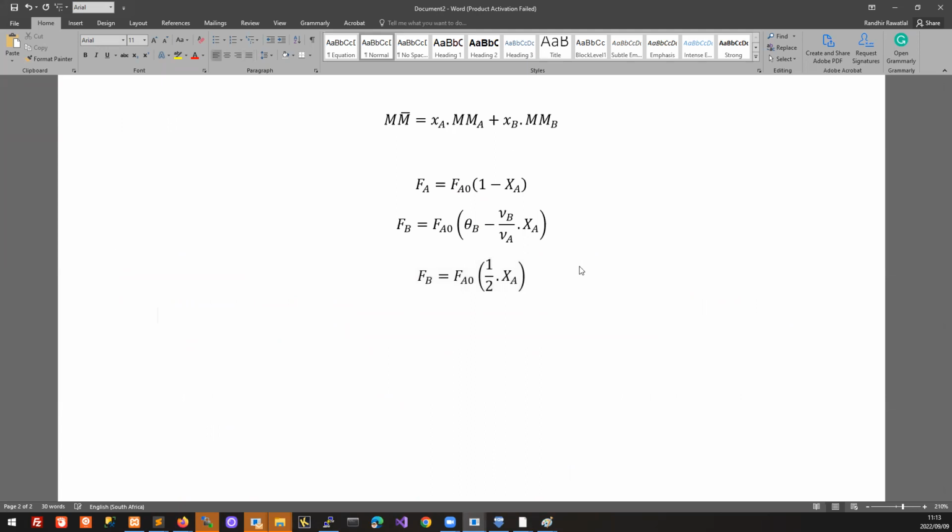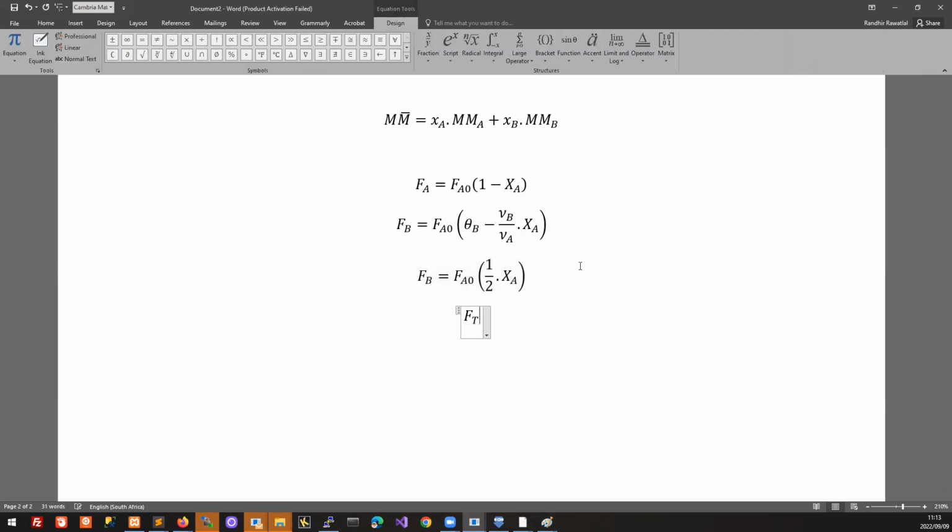So then we can say the total number of moles, FT, equals FA plus FB, and if we just add it, this is FA0 plus FA0 times minus XA and then plus XA over 2. So this is overall just a minus.